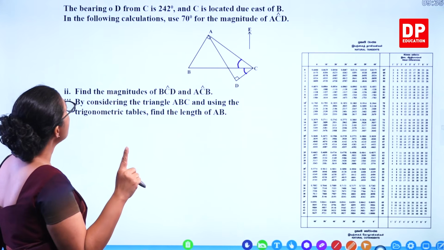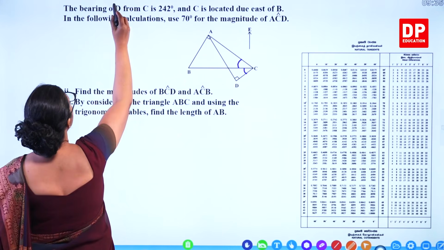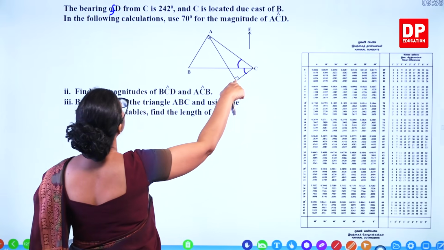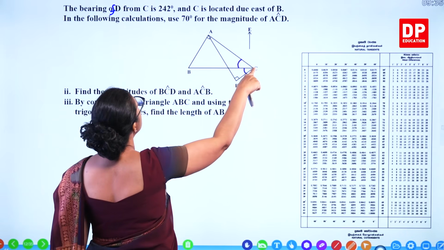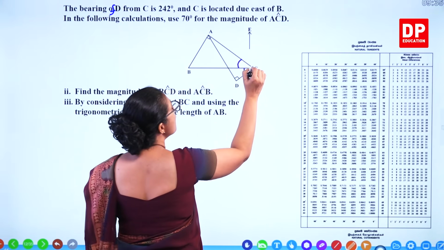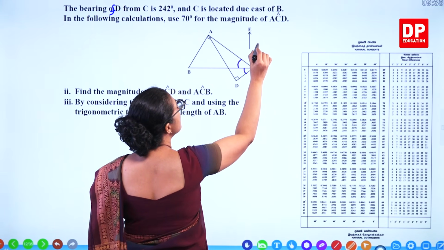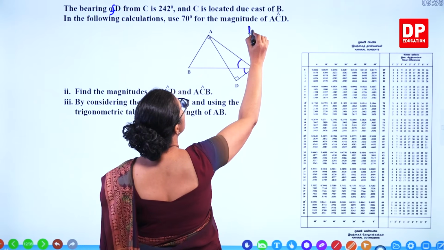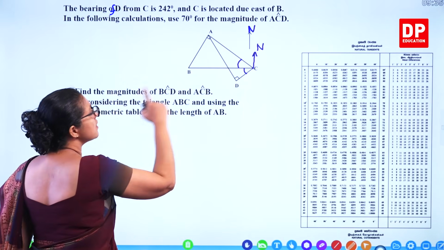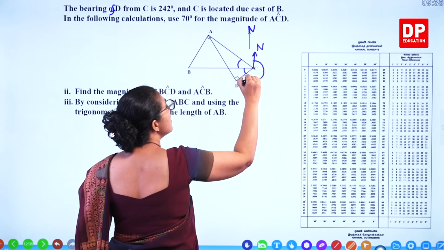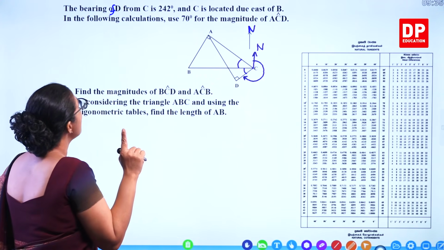It says the bearing of D, this point, from C is 242. So that means from north, this is north, from north in the clockwise direction here is 242.